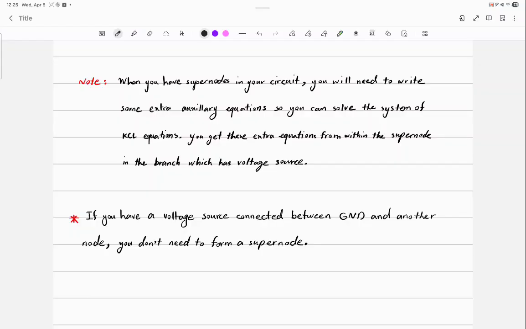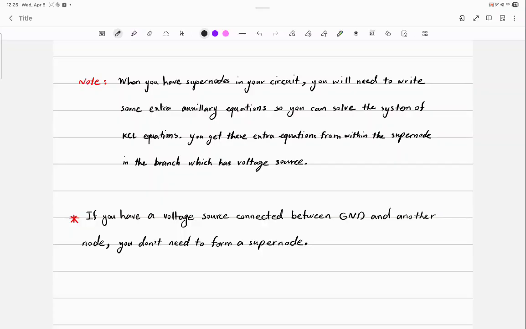Which condition should you have in the circuit to consider a supernode? Voltage source shared between two nodes, okay? Then you have to use a supernode.